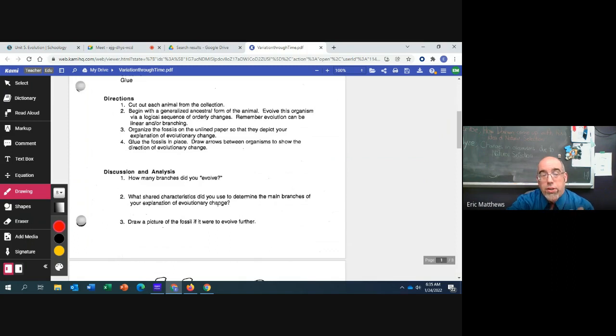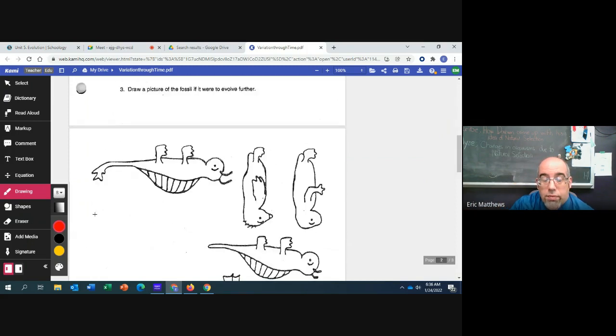So what characteristics did they all share? And then they want you to draw a picture of the fossil if it were to evolve further. So we're going to have a start point, and then at least one, maybe three or even four endpoints. For each endpoint, just do a quick sketch of what the next stage might look like following the pattern. All right, so let's take a look at all of our little guys.